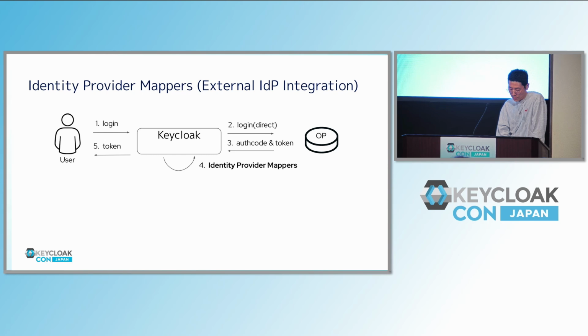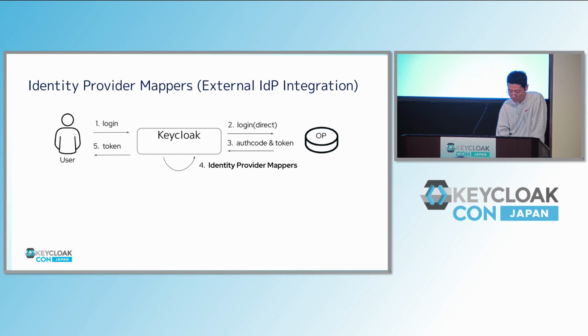Identity provider mappers map attributes included in a token, such as email or name, to Keycloak's internal user attributes.